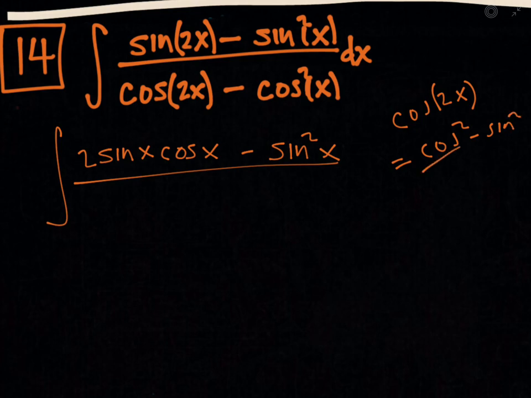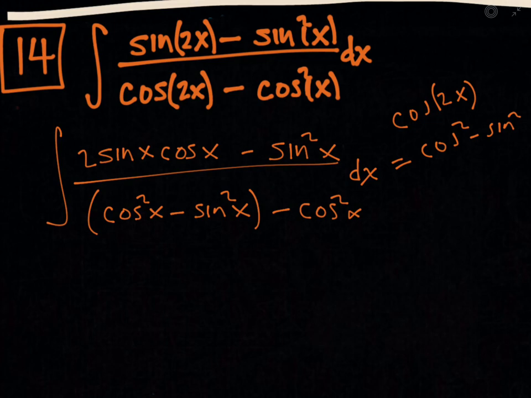That's because if I have this cosine squared and this minus cosine squared, they will cancel out. So I'm going to say that cosine of 2x is equal to cosine squared x minus sine squared x, minus cosine squared x, dx.